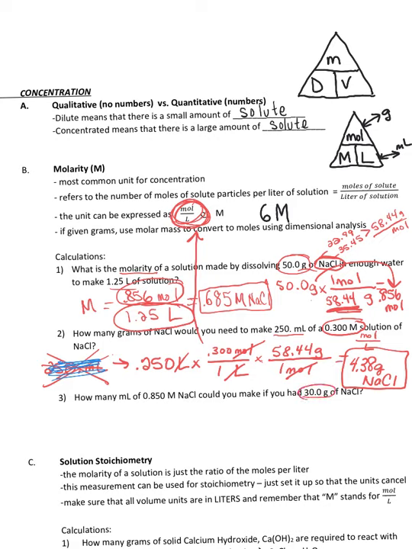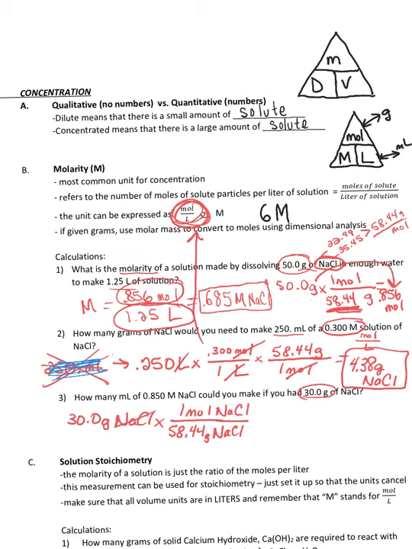So I'm going to start off with my grams. What do I know? I have 30.0 grams of NaCl. What I want to do is convert those grams to moles. Why? Because I always want to get to moles.